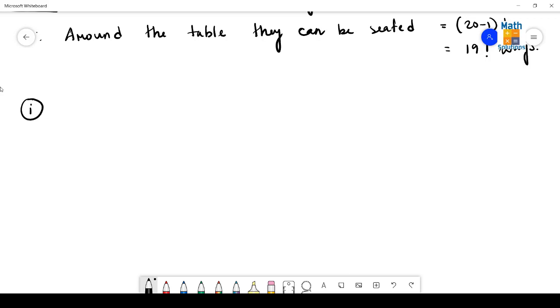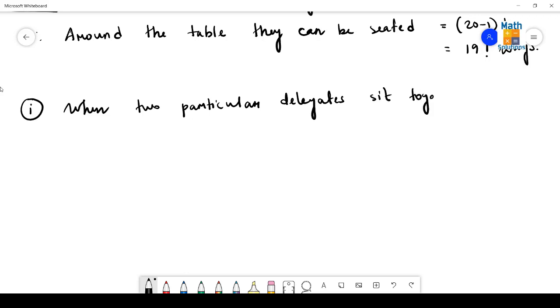So while writing the answer part, we shall write: when two particular delegates sit together, they are to be considered as one person, or you can say a single person.